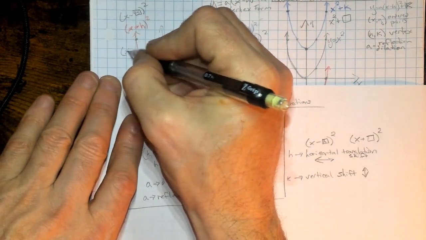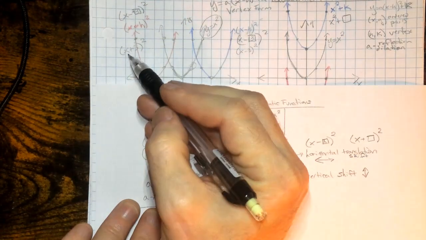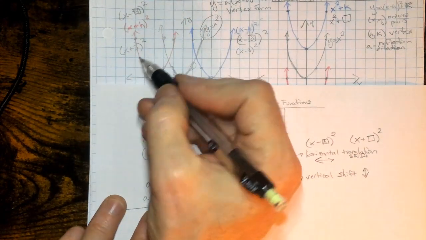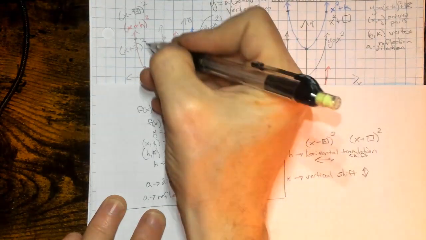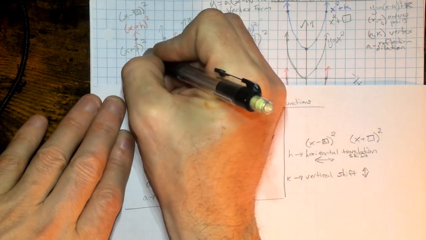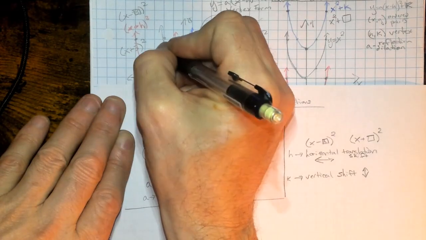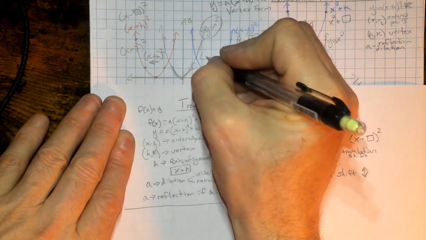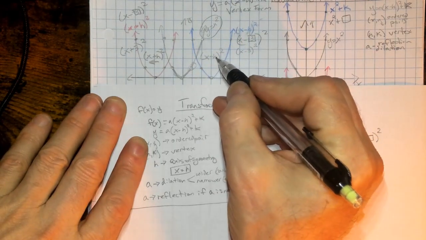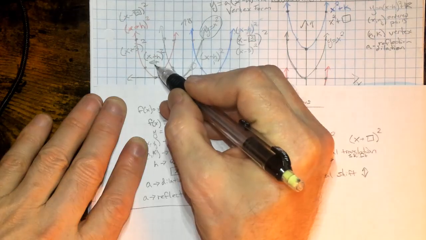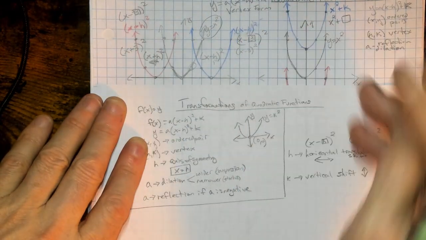This becomes x plus 3 squared. So x plus 3 squared is to the left, x minus 3 squared is to the right. We can conclude that if I'm going to the left, it's x plus h squared. If I'm going to the right, it's x minus h squared, because the values that I plug into the formula can change the sign or keep the sign, since the sign starts out as subtraction.